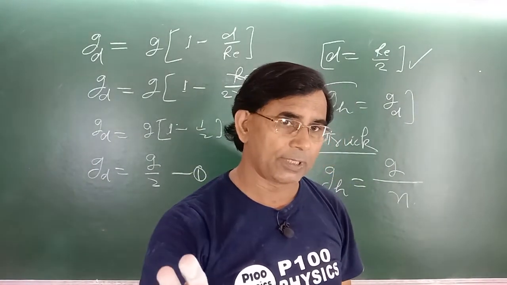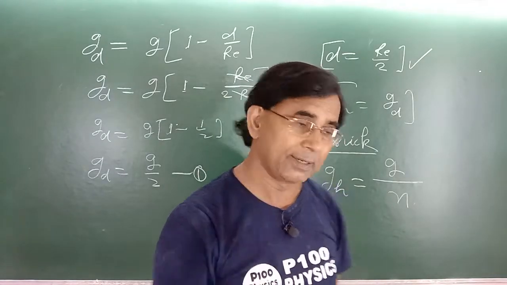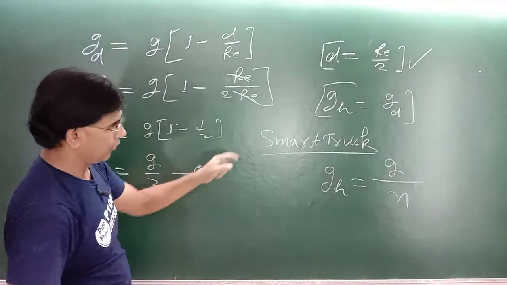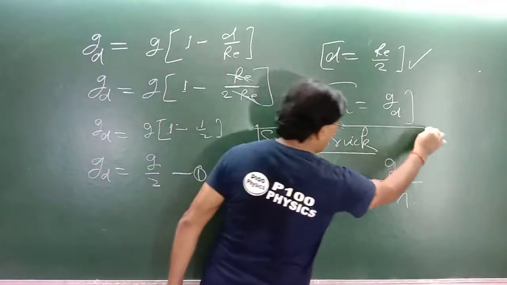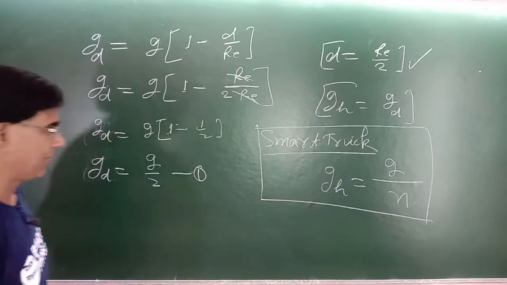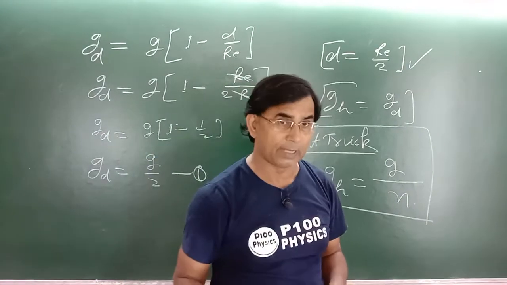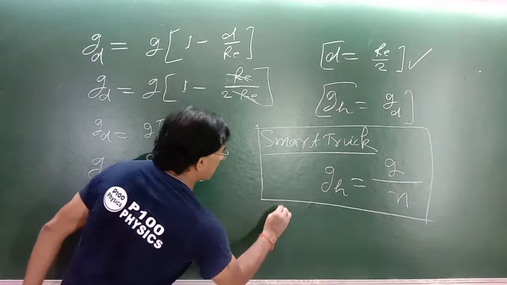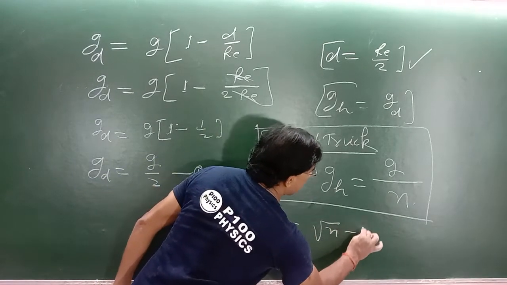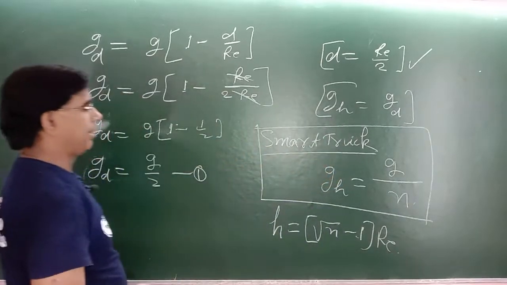Any such type of question you can solve in a single step, in a single line. Note the point, write with the red pen. gh equal to g upon n. Wherever it is given and you have to determine the height, that height will be h equal to root n minus 1, into Re.